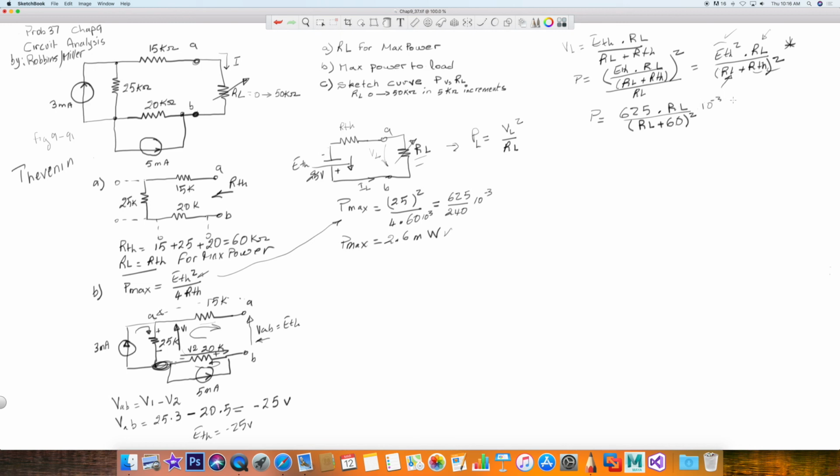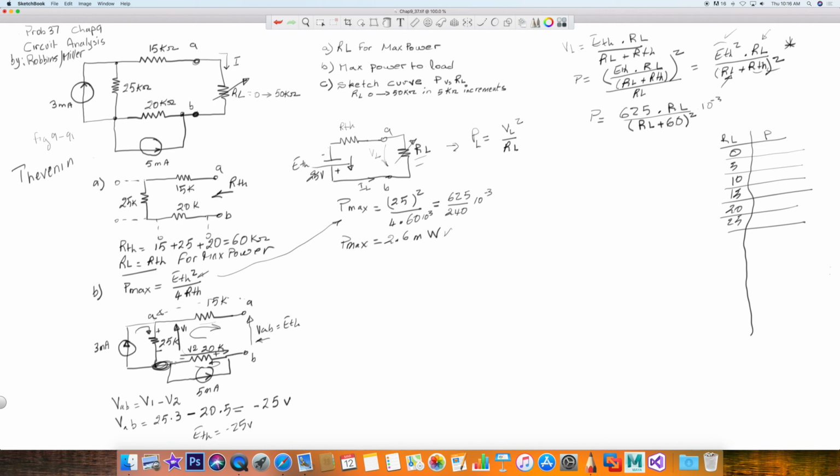So that's very important. When you start putting in your values for RL versus P, you're going to have to tabulate this and go down this way, and start with 0, start with 5, start with 10, start with 15, 20, 25, etc. So you're going to calculate what P will be based on these values.